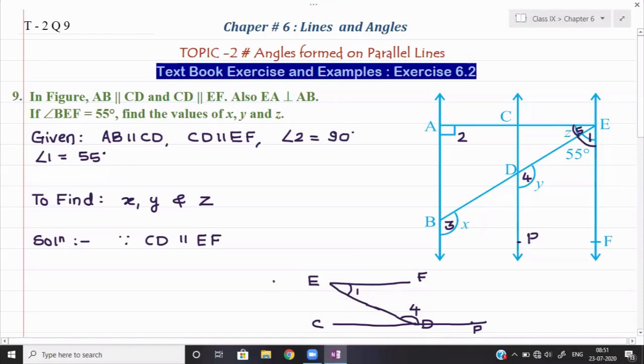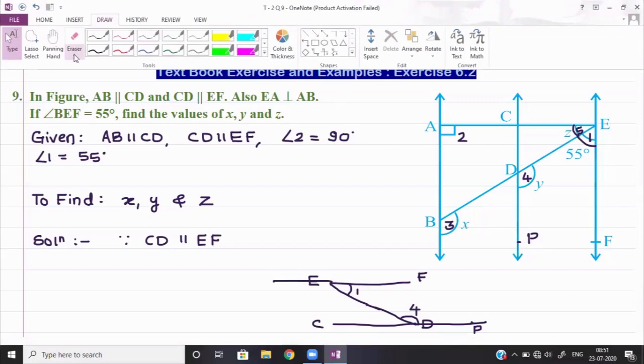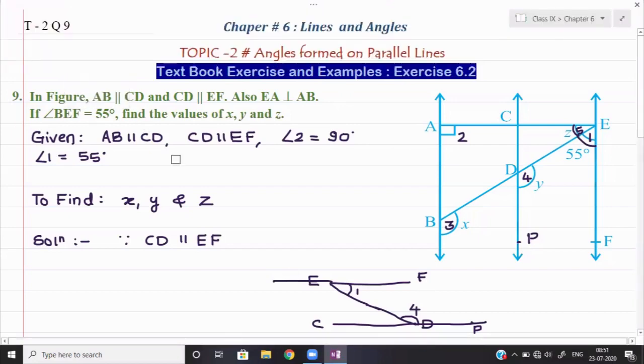Okay, so observe angle 1 and angle 4. If I ask you, which kind of angles are they? Angle 1 and angle 4 are interior angles, and we know that interior angles are supplementary. Let me rub this one, then we can write down the relation. I hope the angle 1 and angle 4 relation is clear to you.